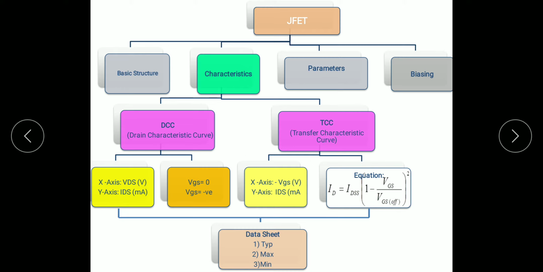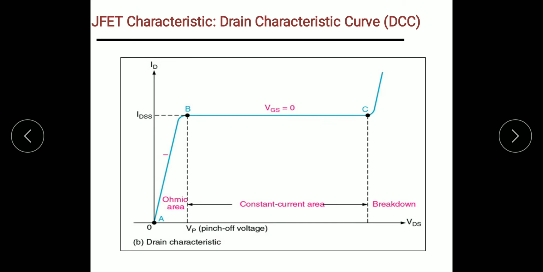Okay, so we have studied the JFET basic structure. We will see today characteristics and parameters and biasing. So this is the drain characteristic curve.